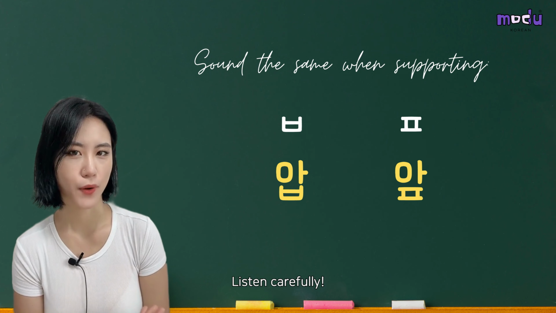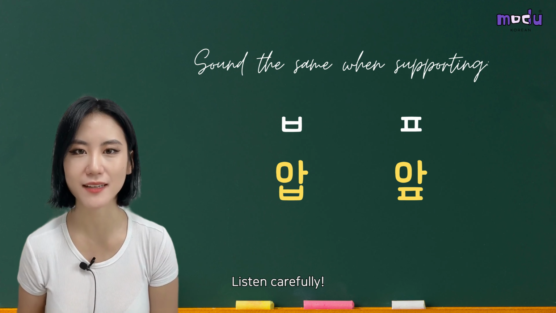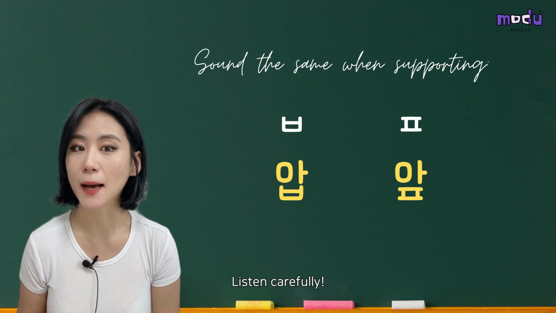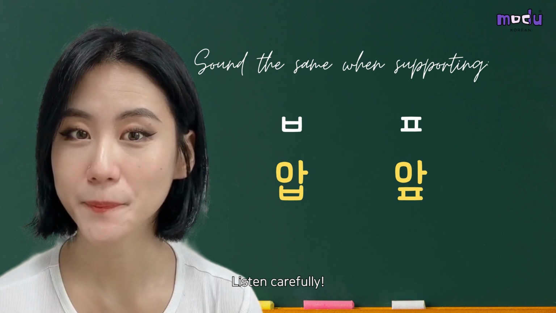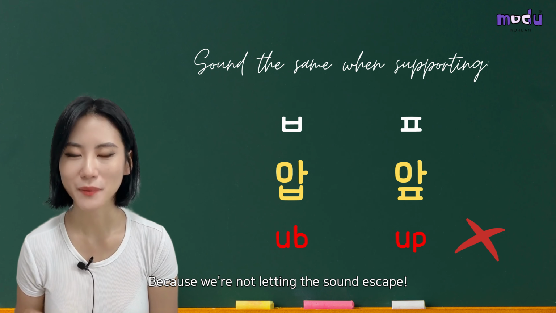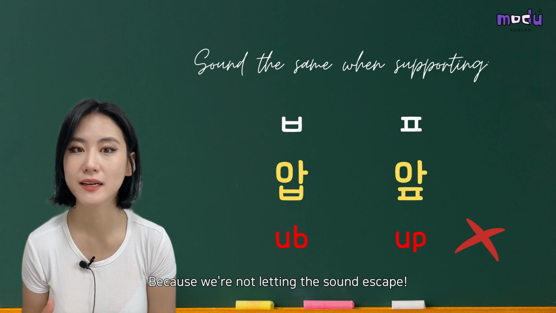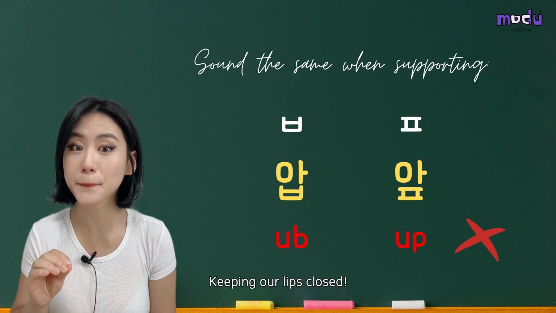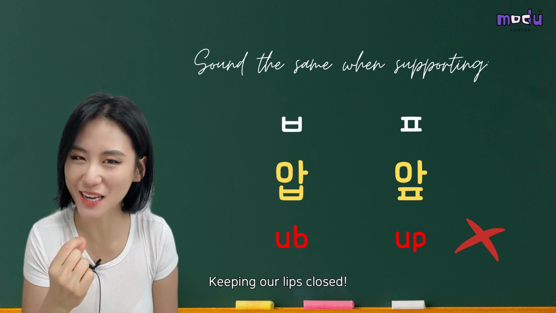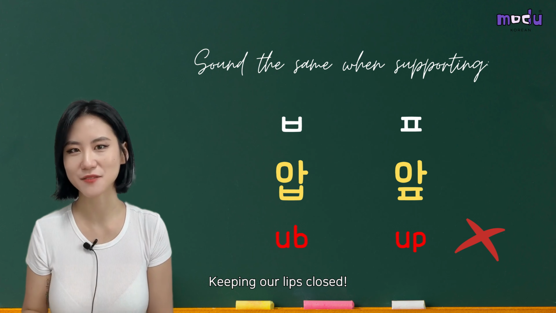So both of these combinations, both of these syllables will be pronounced as up, up, because we're not going up or up, right? It's up, and you're keeping your mouth closed to not let that escaping sound.